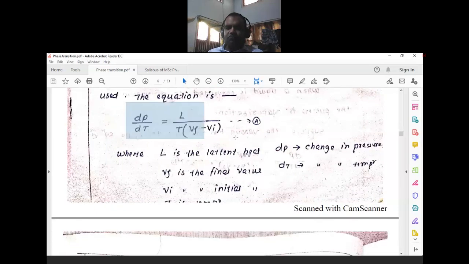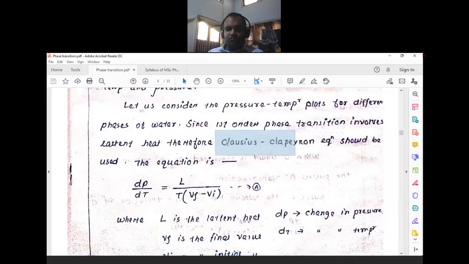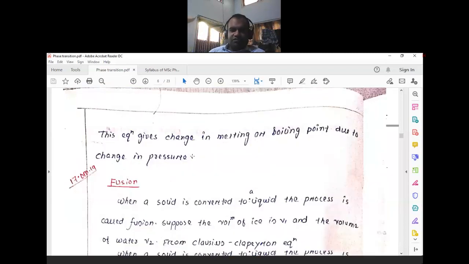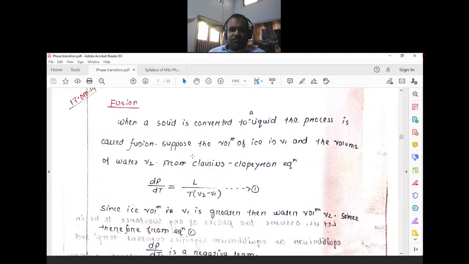All these changes will be understood from the viewpoint of the Clausius-Clapeyron equation. If you do a Google search, you will get more information about it. This is a concept from BSc level thermodynamics.